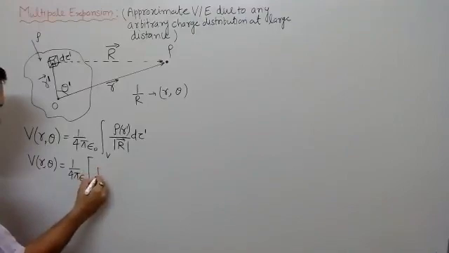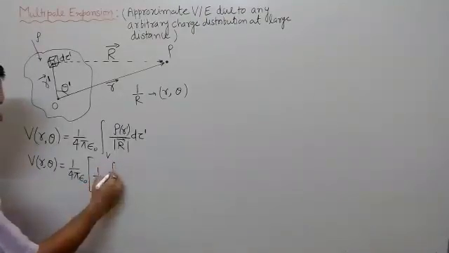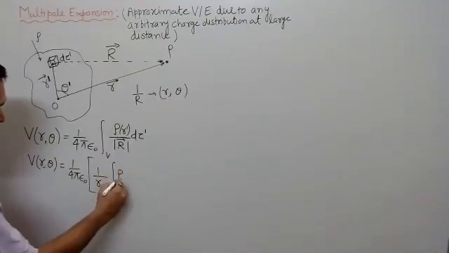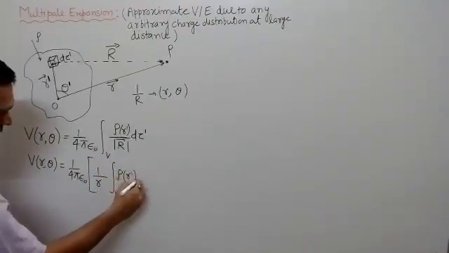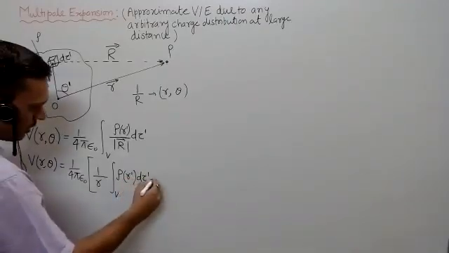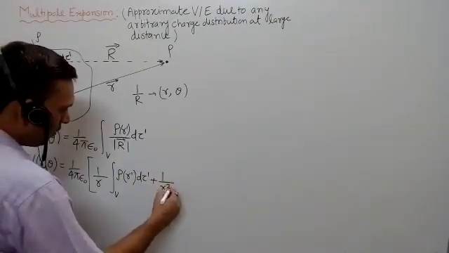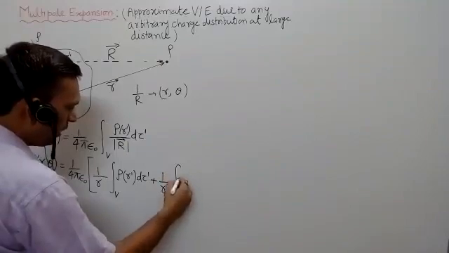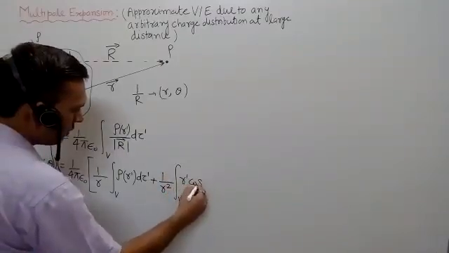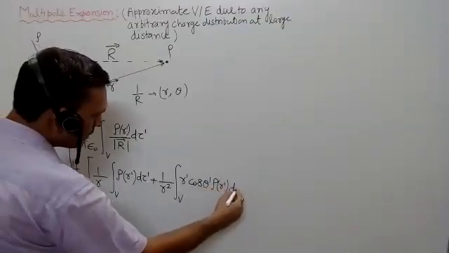We have to expand 1 by R in terms of r and theta. So these terms are: first term is 1 by r volume integral rho of r dash d tau dash, plus the second term is 1 by r square volume integral r dash cos theta dash rho of r dash d tau dash.